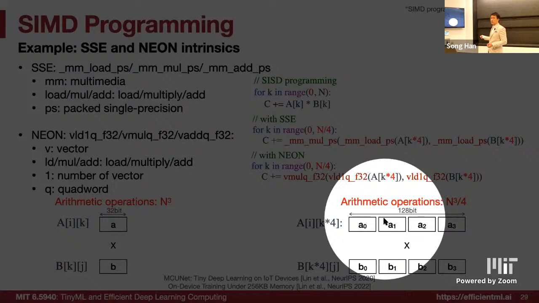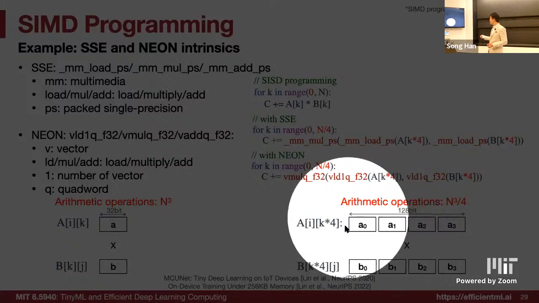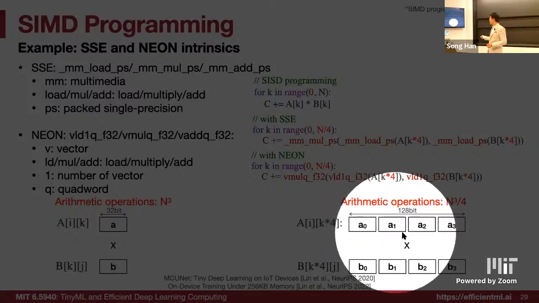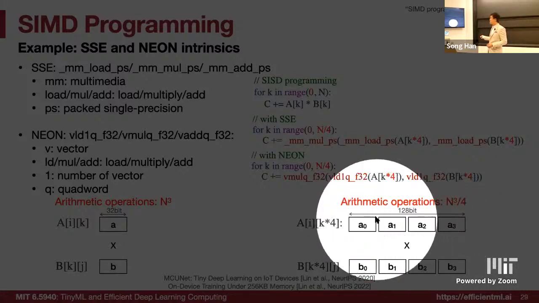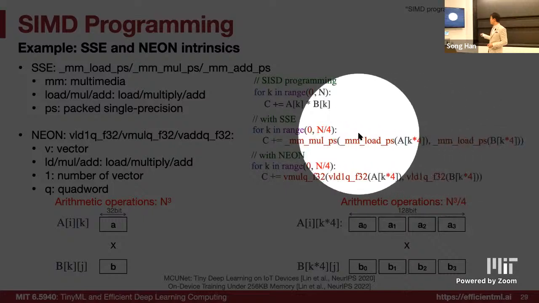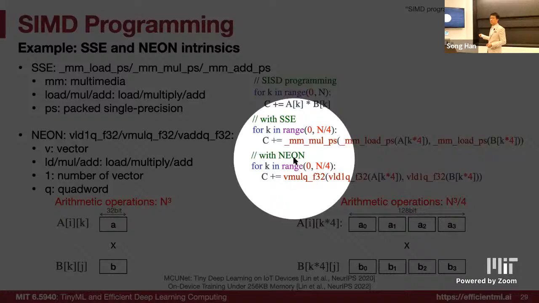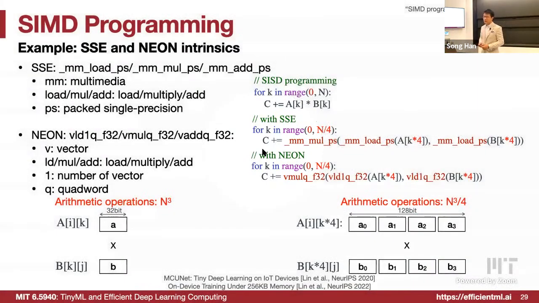Altogether it's 128-bit. Each of them in single precision is 32-bit. We have 4 of them in the register, so altogether we are operating on 128-bit using a single instruction. Loading operand A, loading operand B, and then finally multiplying them together and adding it to C.